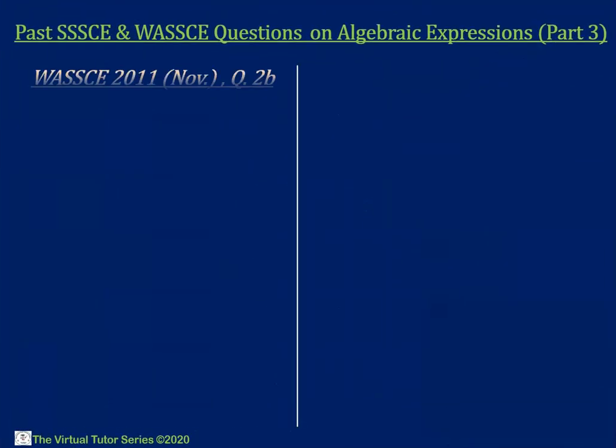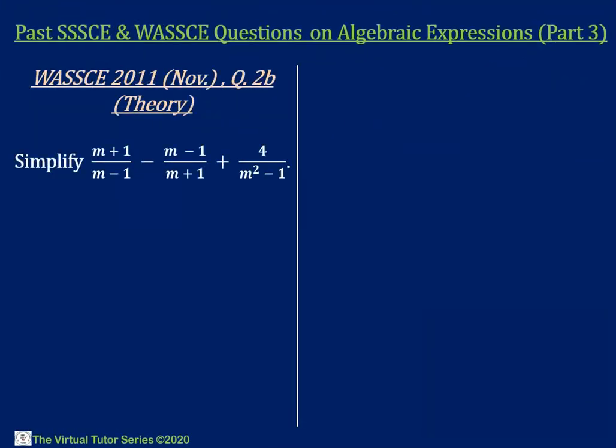WASSCE 2011 NOVDEC Theory Question 2B. Simplify m plus 1 all over m minus 1 minus m minus 1 all over m plus 1 plus 4 over m squared minus 1.